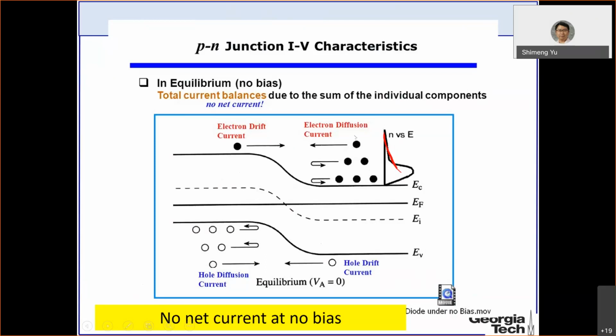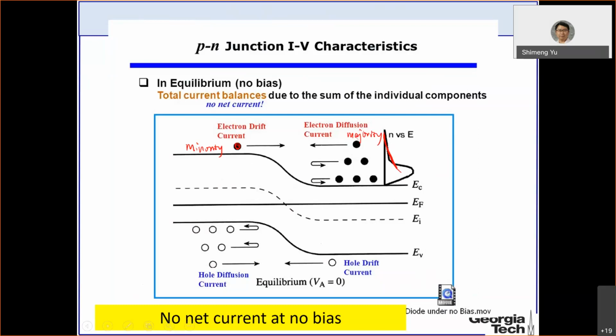So the electrons here will diffuse from the N-type to the P-type. Why is that? So in the P-type, the electron is minority. This is majority to the N-type. This is minority to the P-type. And you know the diffusion means when the concentration of the carrier is different, then the carrier tends to diffuse from the higher concentration to the lower concentration.